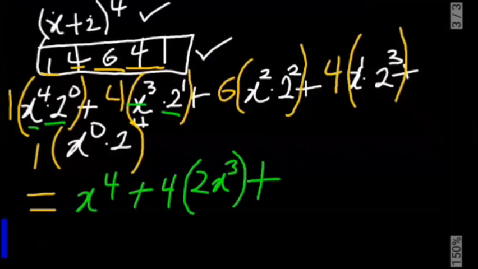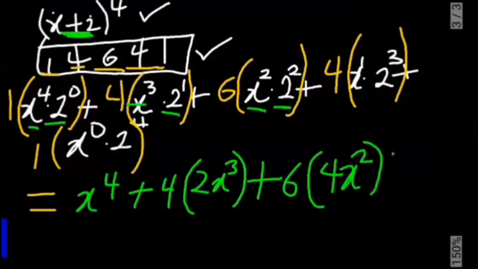Plus, so let's continue. So we have the next term 6. We have x squared, 2 raised to the power 2. So 2 squared is 4 multiplied by x squared, 4x squared. Plus 4. 2 cubed is 8 multiplied by x raised to the power 1, that is 8x.